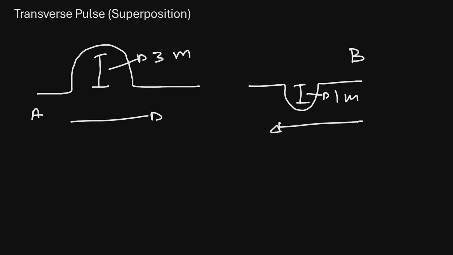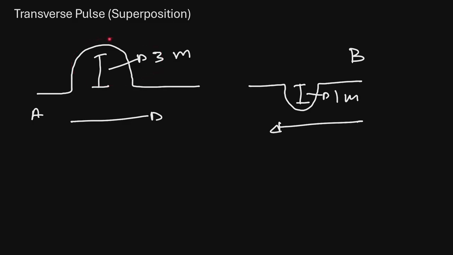What is going to happen when these two pulses meet? So when these two pulses meet, they are going to result in a smaller pulse. Since we have the pulse that is positive and the pulse that is negative, so the amplitudes will subtract. But now the bigger pulse will take the resultant.